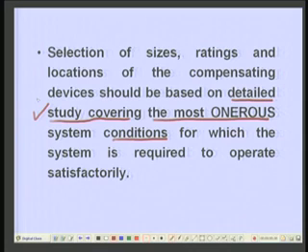At the design stage, you have to perform detailed system optimization studies so that you find out the sizes, locations and types of devices, and that should include the most onerous or most heavily loaded condition, right. We want that at that condition the system should be stable.